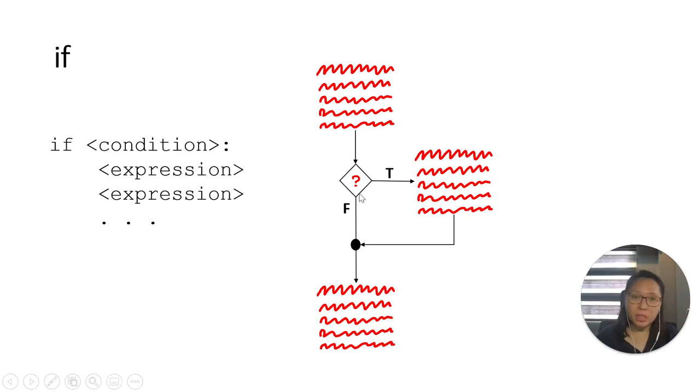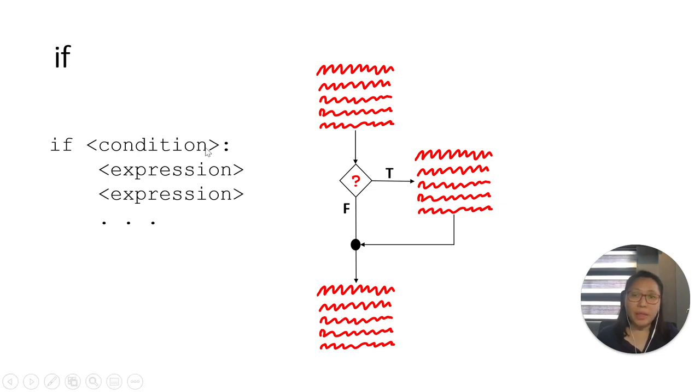If the answer to this condition is true, the flow of control goes to this code block, and then after executing all the lines of codes in this code block, the flow of control goes here, and then this lines of code or code block is executed. If the answer to this is false, this code block at the bottom is executed.